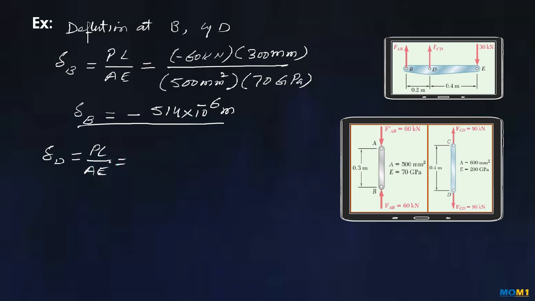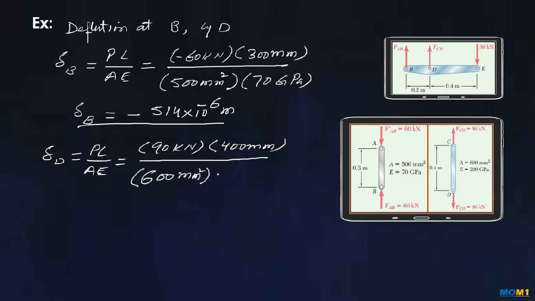Here the force we have calculated was 90 kilonewton and the total length of link CD is 400 millimeter, upon the cross section area of 600 millimeter square.